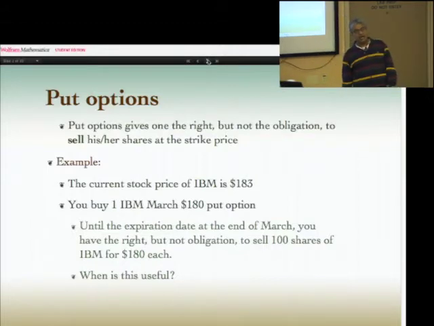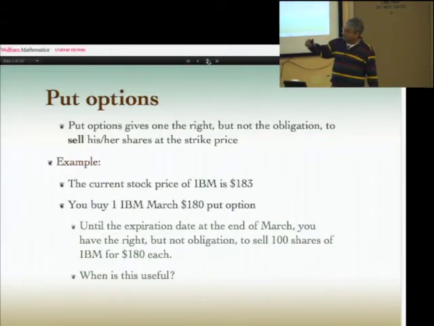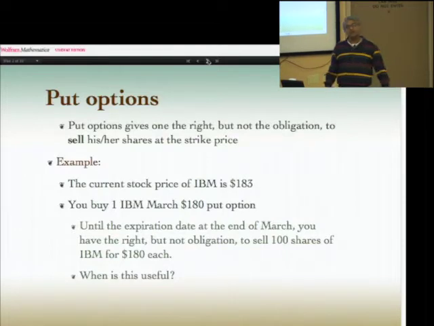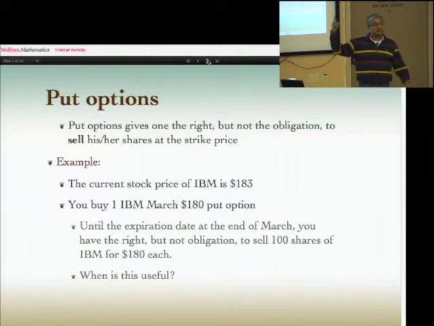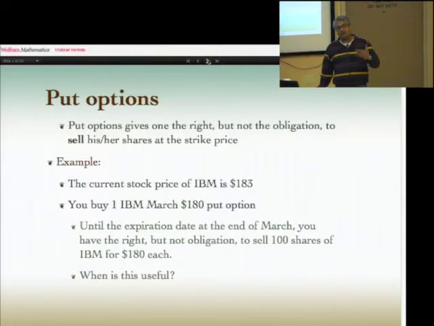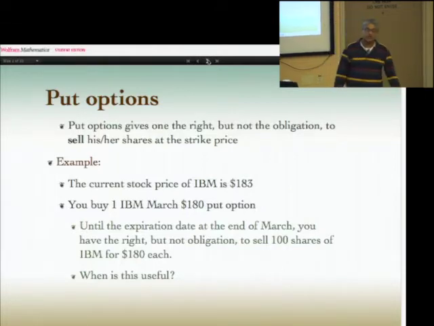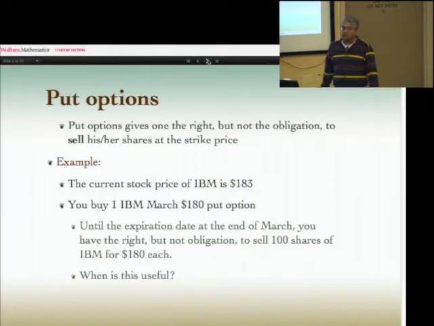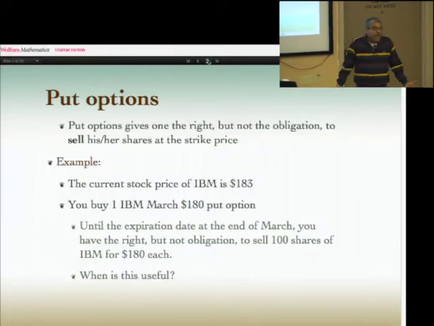If you want to exercise that put option and sell that IBM stock, you can do so for $180 a share, which is the strike price. However, you can do better in the open market at 183. So you're not going to exercise this put option at this point, and therefore it's out of the money currently. It is not sensible to exercise this option currently because it makes no sense for you to do that.